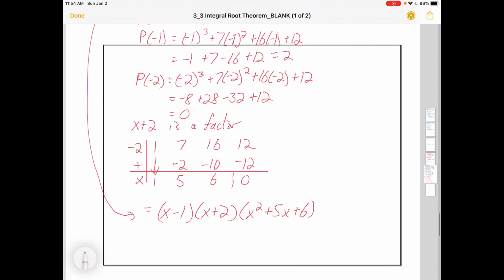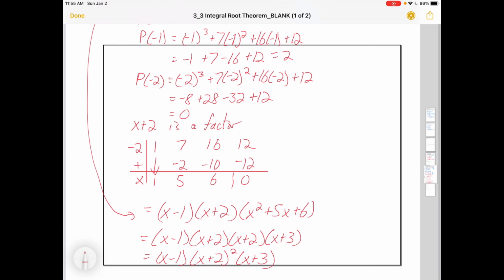And we're going to keep factoring it. That'll give us x plus 2 by x plus 3, factoring that little quadratic. We have x minus 2 all squared in this one because it's doubled.